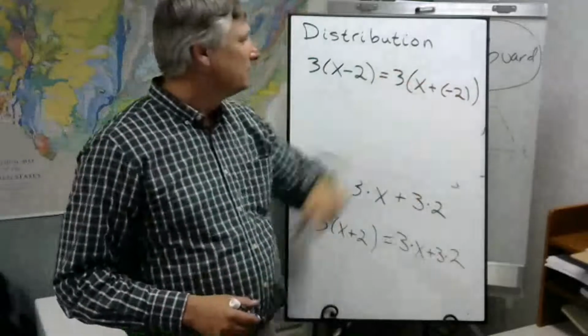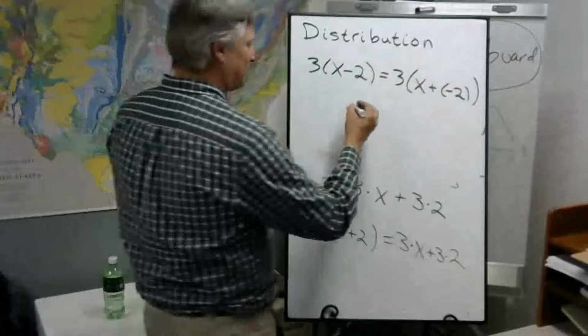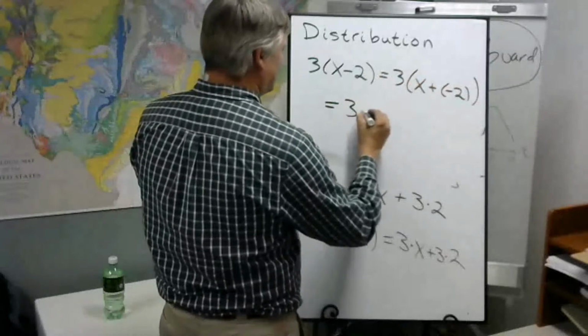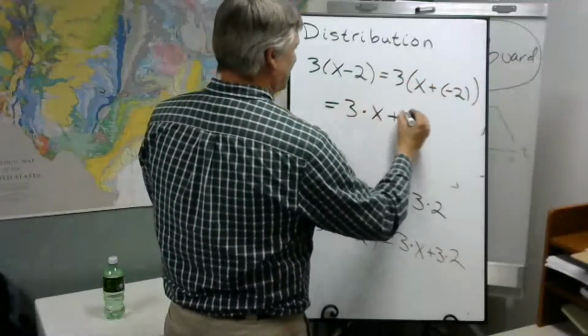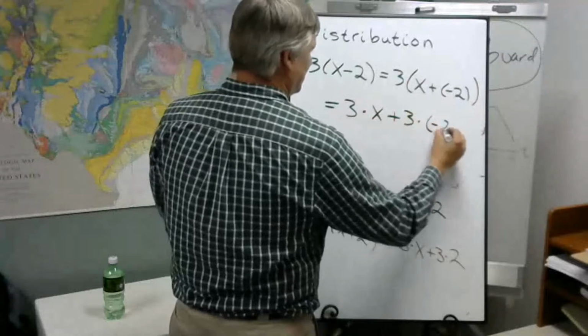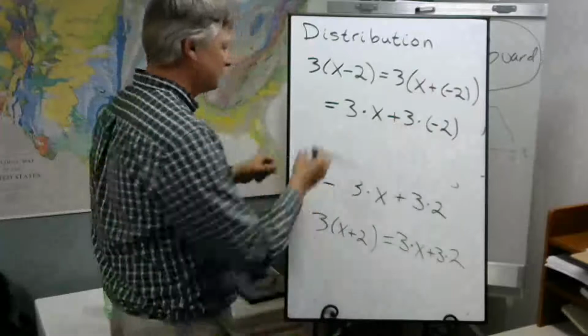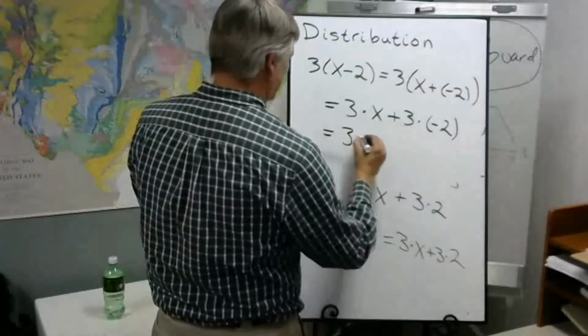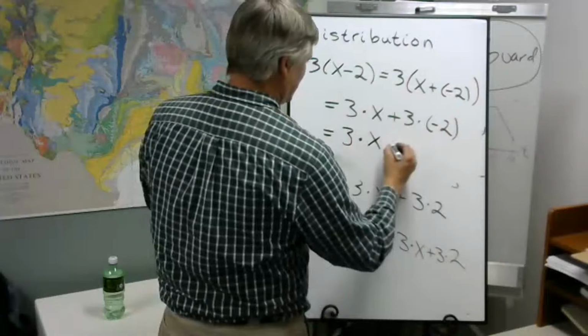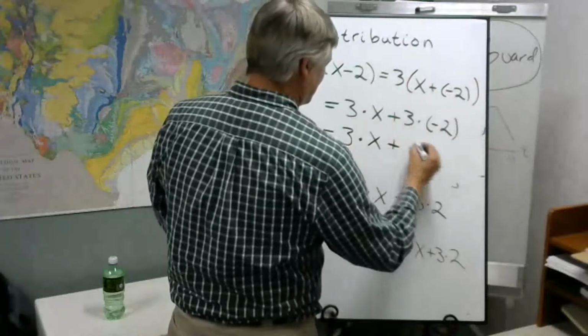And now we can use our distributive rule: 3 times x plus 3 times negative 2. And we know this is going to be negative. That's going to be negative 6.